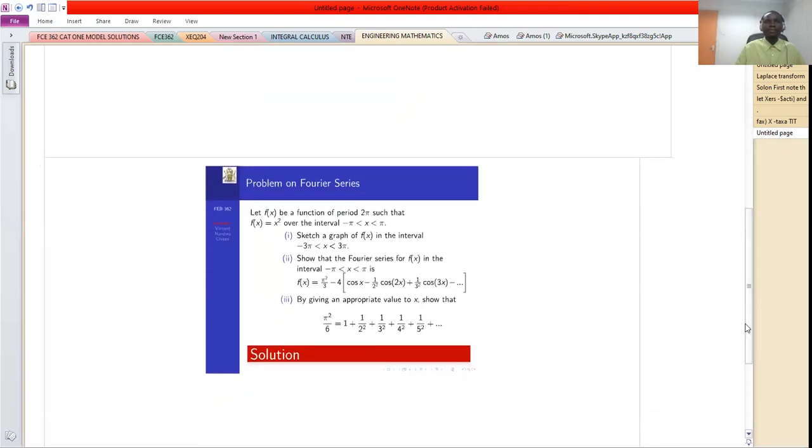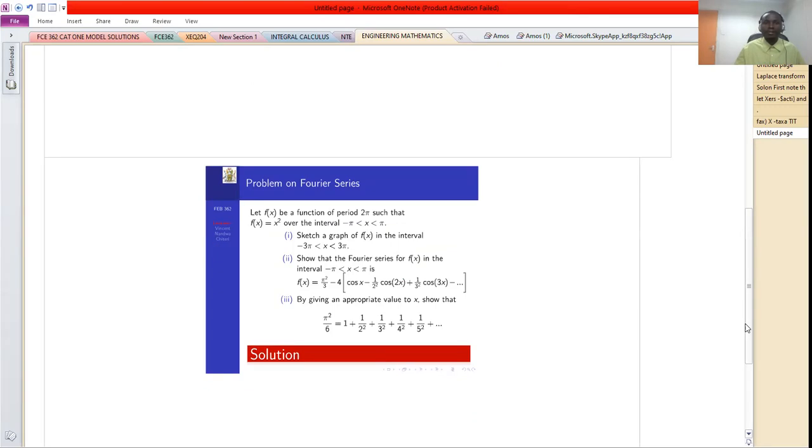So here's the problem. We have been told that a function f of x has period 2 pi and is defined as x squared in the interval minus pi to pi. There are three questions for us to answer.